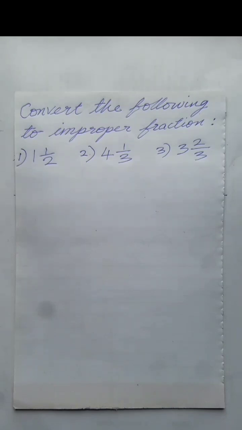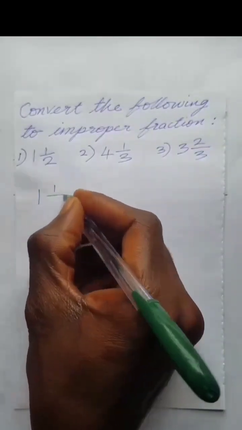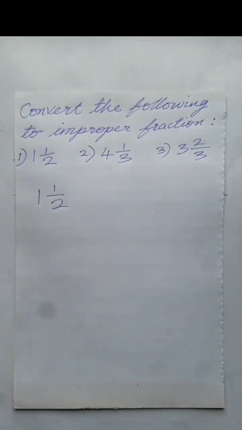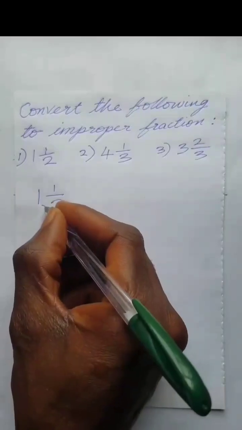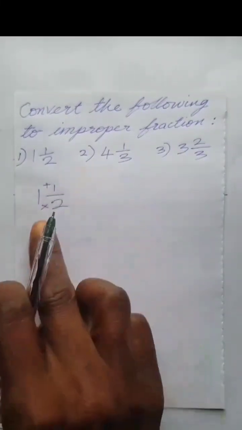Number 1, 1 whole number 1/2. Let's begin with that. If I have 1 whole number 1/2, this is a simple thing I want you to do. We have multiplication written here, and we have addition written here. Just do that.